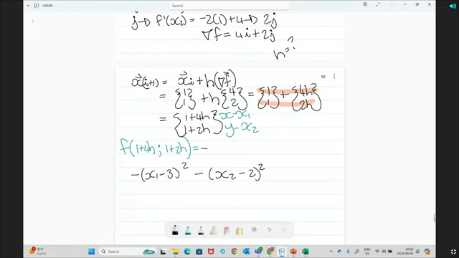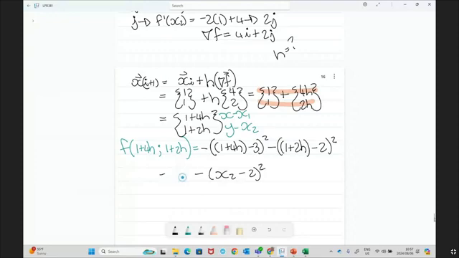So it's a minus, then x1 I'm going to put in brackets just to make sure there's nothing that needs to be multiplied. So (1 plus 4h), then it was a minus 3, bracket squared, minus, then x2. I put it in brackets just in case I need to multiply something or square something, but I don't. That's for x2, then minus 2 and square. Right, so I'm just going to erase this here at the bottom, just saying that I was substituting it back.